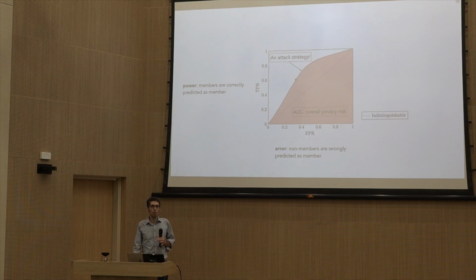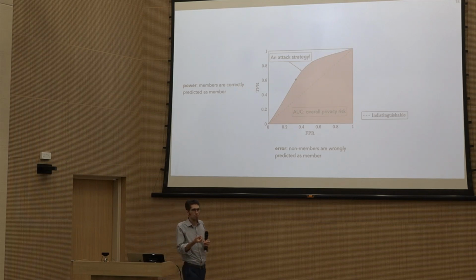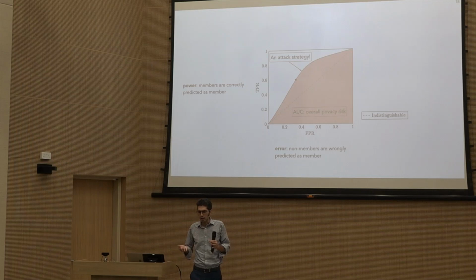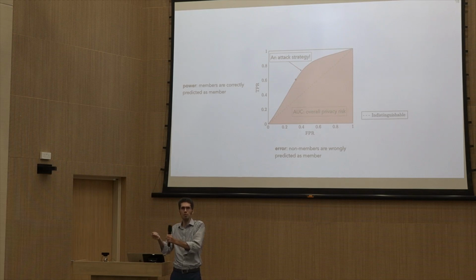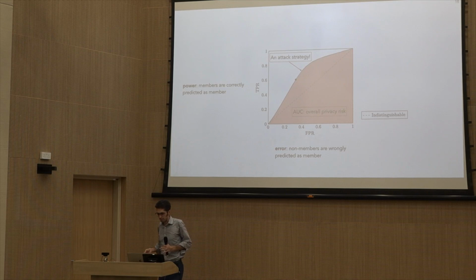What we want to do is, of course, design algorithms for membership inference attacks which are very accurate, right? If you want to measure how strong this building is, you want to get a tool that makes a very precise measurement of the strength of this building. You don't want to underestimate or overestimate it.